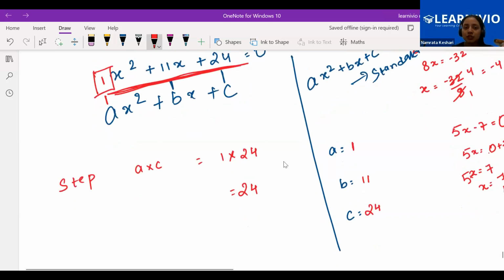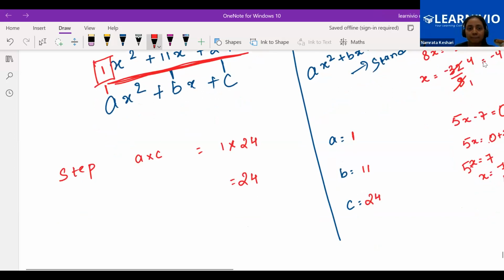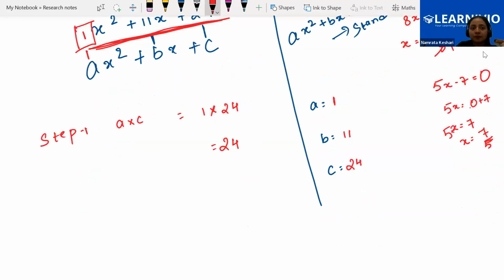Now step 2 is, whatever you have got after the multiplication, 24, try to factorize it by using two numbers.